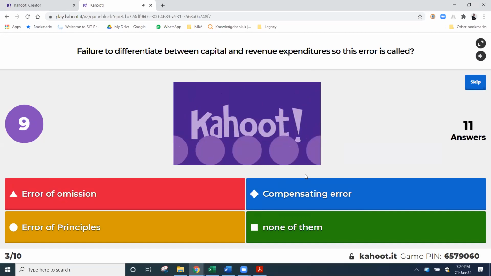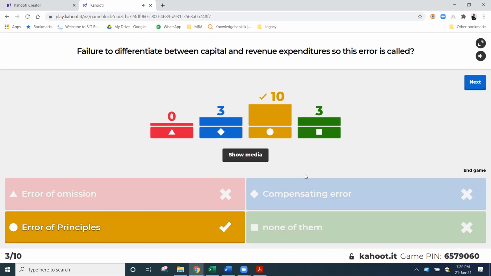Capital expenditures are called assets, revenue expenditures are called expenses. So a capital expenditure is identified as a revenue expenditure. For example, motor vehicle maintenance recorded in the motor vehicle account, or building maintenance or building expenses recorded in the building account. So this is an error of principle.